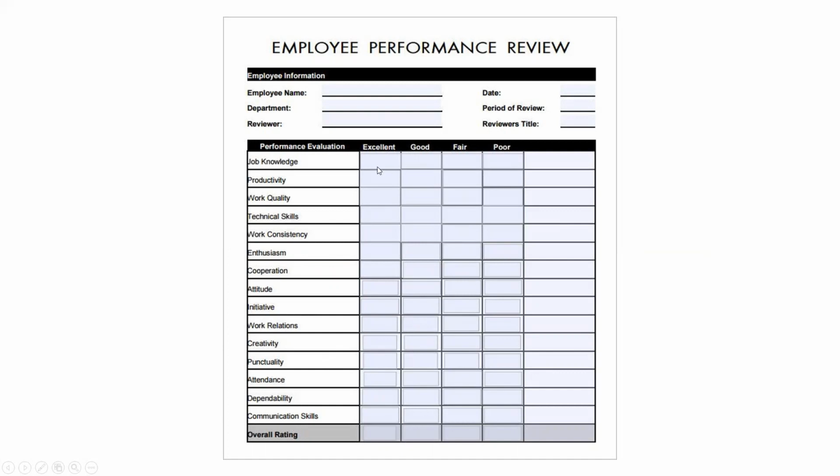Remember, multiple tick marks will not be considered. Give any one tick mark, and this is for the review column. And this has to be signed by the reviewer, signature of the reviewer, signature of the employee. Then this format is complete.